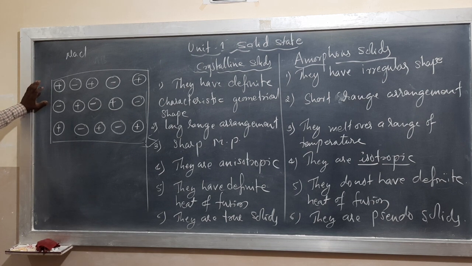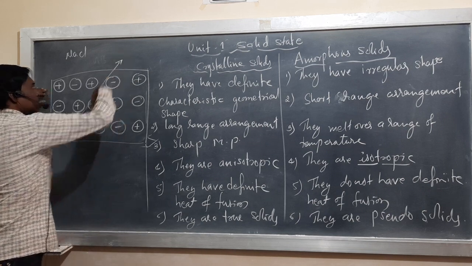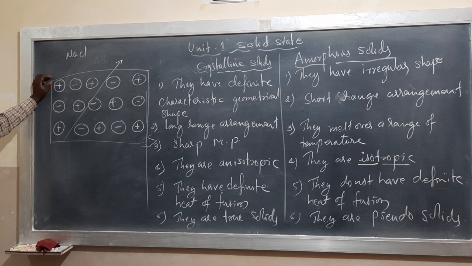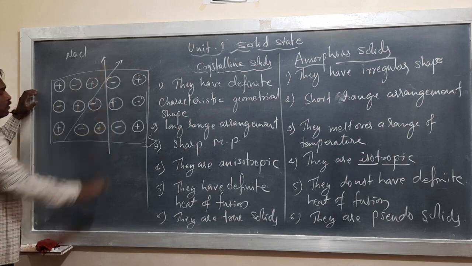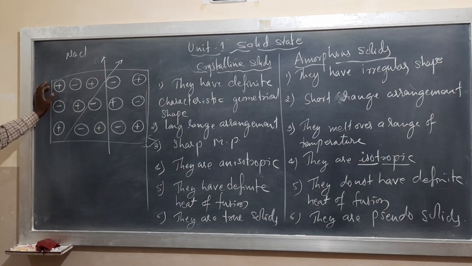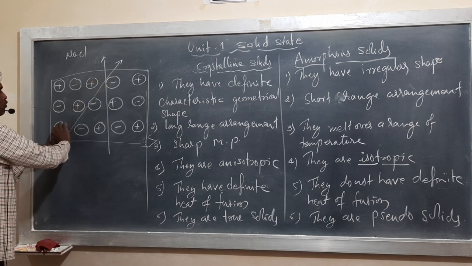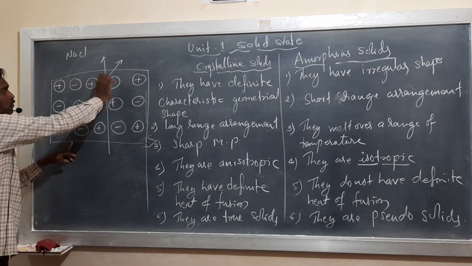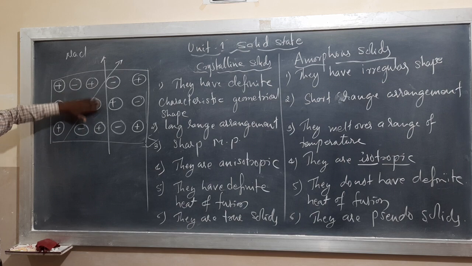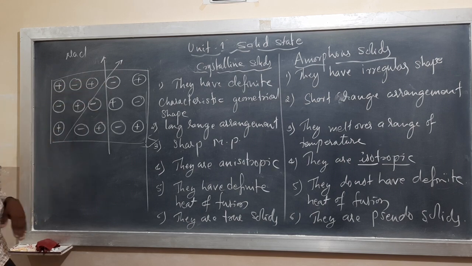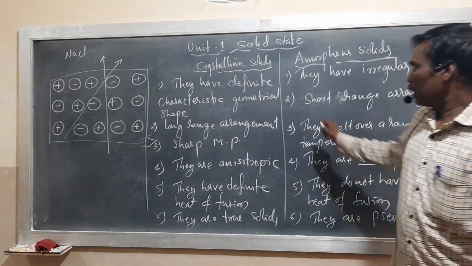When we measure the refractive index in this direction, it gives a different value. If I measure the refractive index in another direction, it gives a different value. It's because when we measure in these directions, only the positive sodium ions are on one side and the negative ions on another side. In this direction the arrangement is different: positive, negative, positive, negative. That's why they show different values. Therefore we call these crystalline solids.